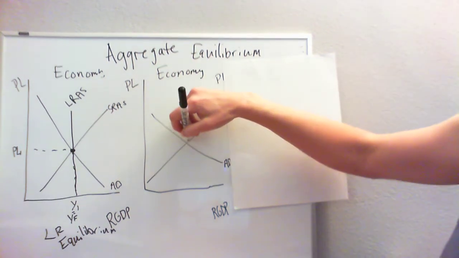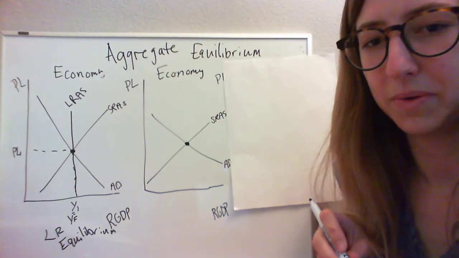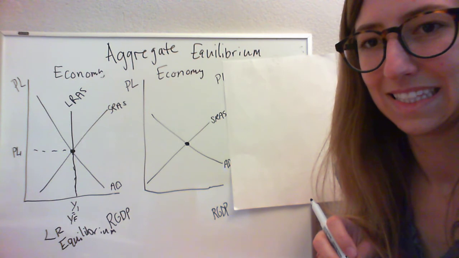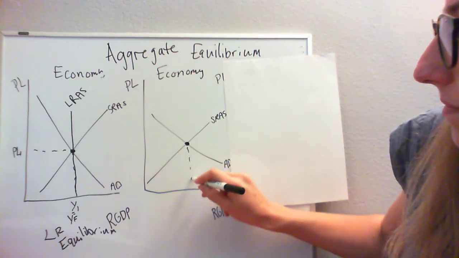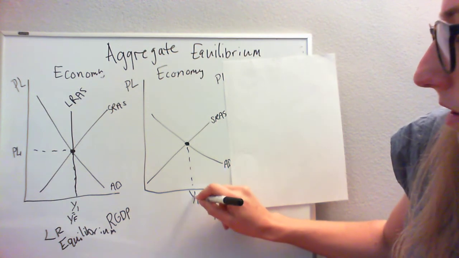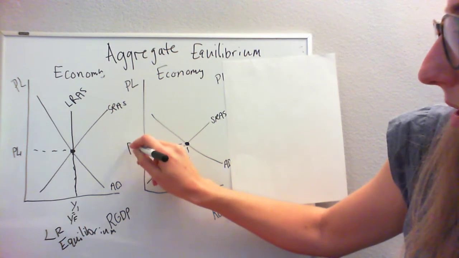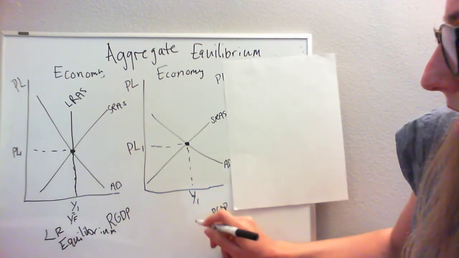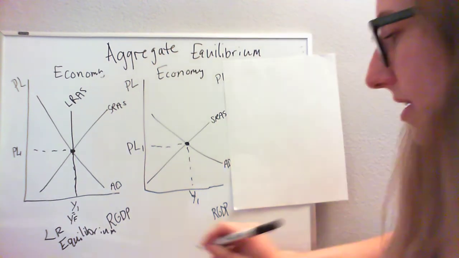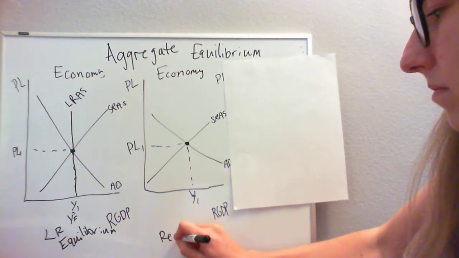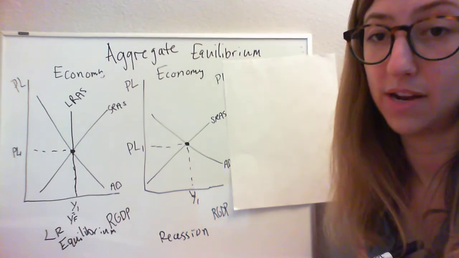So they intersect. I'll give you a second to catch up and draw your graph, nicely labeled. So the actual output is Y1, the price level PL1, and we'll do an economy in a recession. So let's say this economy is in a recession.